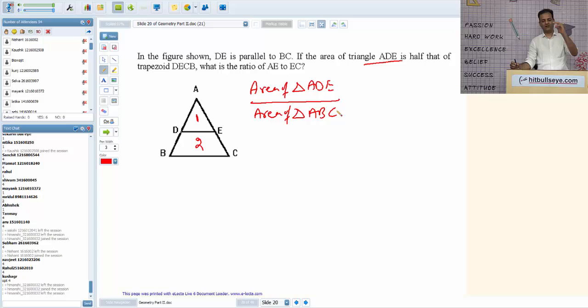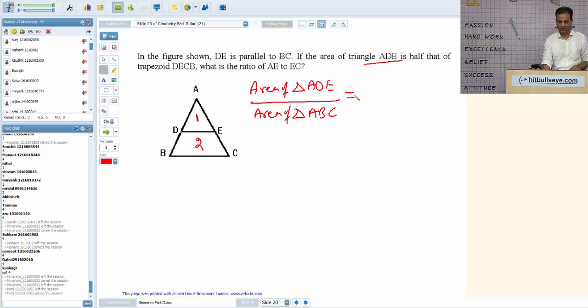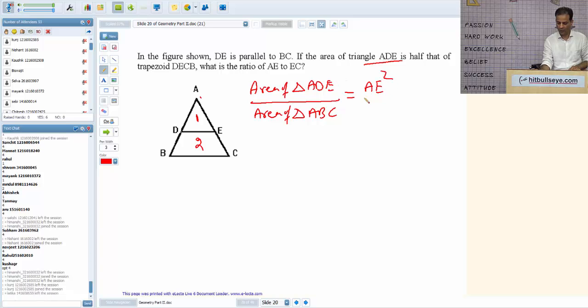When two triangles are similar, the area ratio is equal to AE square over AC square, their corresponding sides, equal to DE square over BC square, equal to AD square over DB square, equal to height H1 square over H2 square. It will be the square of everything, inradius square, circumradius square.